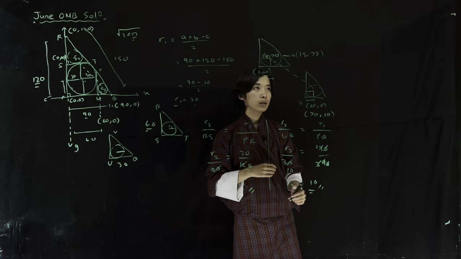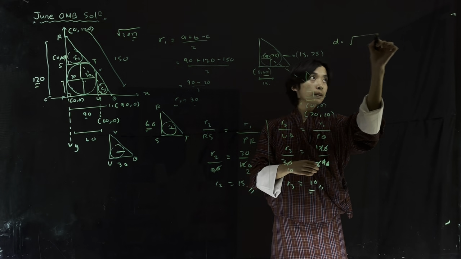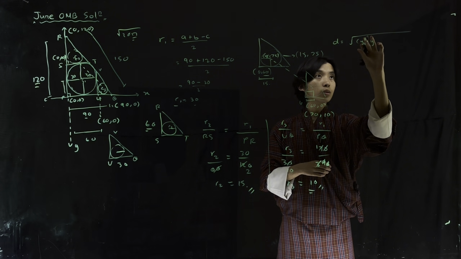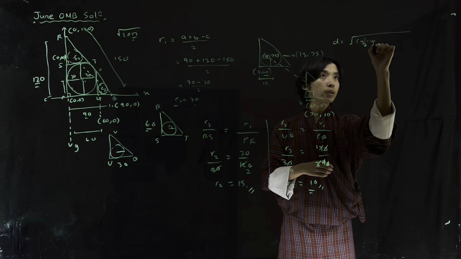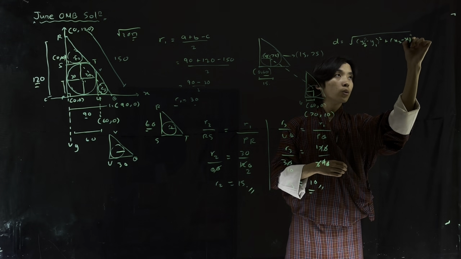We can calculate the distance using the distance formula between two coordinates: (y2 minus y1) whole squared plus (x2 minus x1) whole squared.